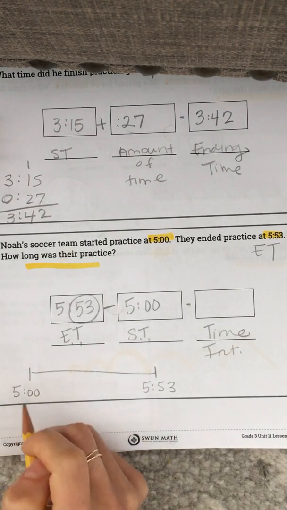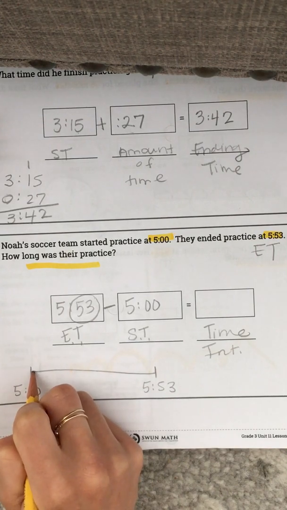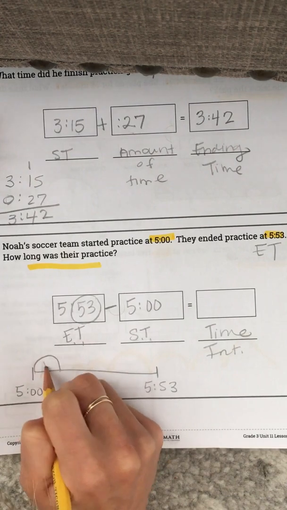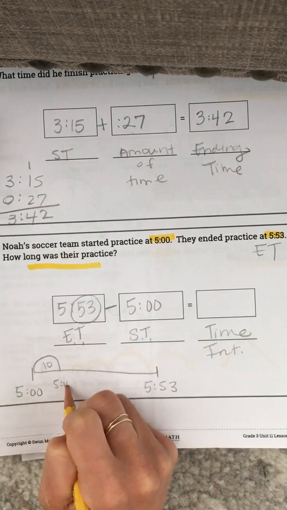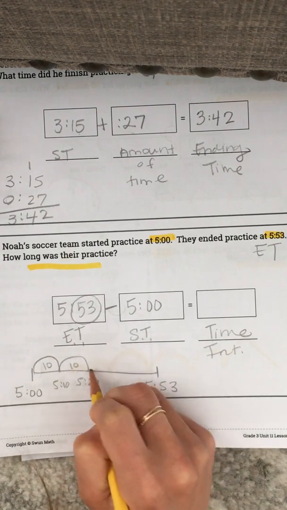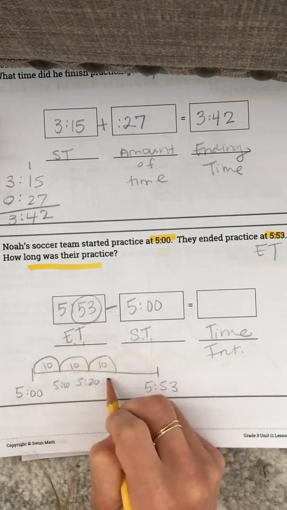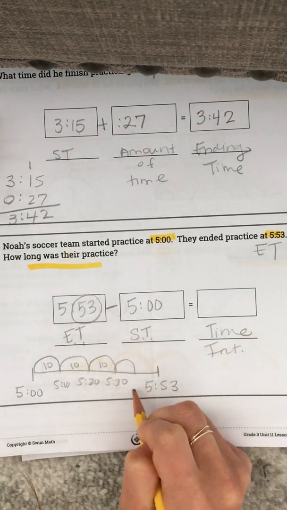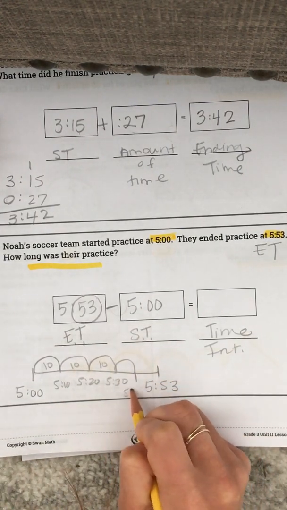Let's find out. I'm going to do my hills. I'm going to start doing intervals of 10. I'm going to jump 10s. 10 minutes gets me to 5:10. Another 10 gets me to 5:20. Another 10 gets me to 5:30. Another 10 gets me to 5:40.